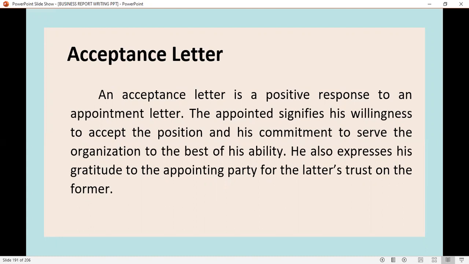Acceptance letter is a positive response to an appointment letter. The appointed signifies his willingness to accept the position and his commitment to serve the organization to the best of his ability. He also expresses his gratitude to the appointing party for the latter's trust on the former.